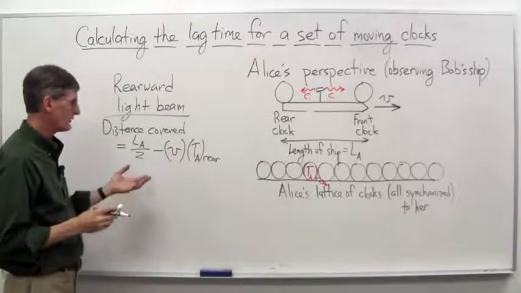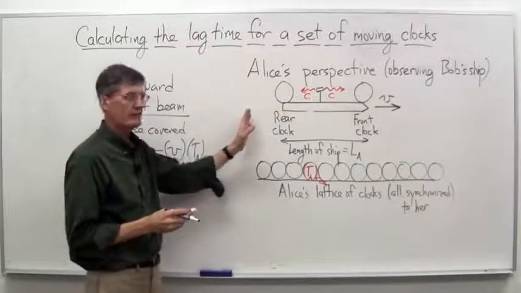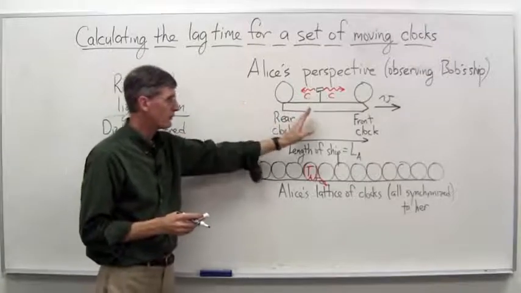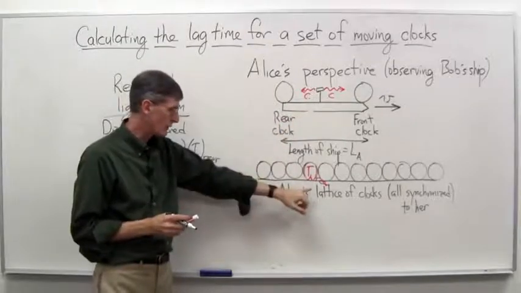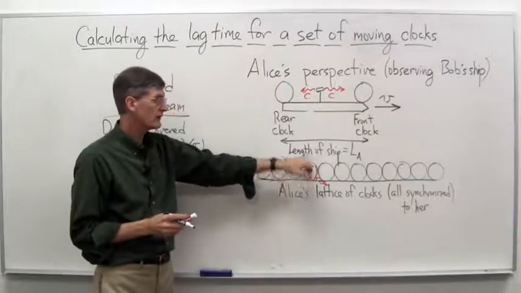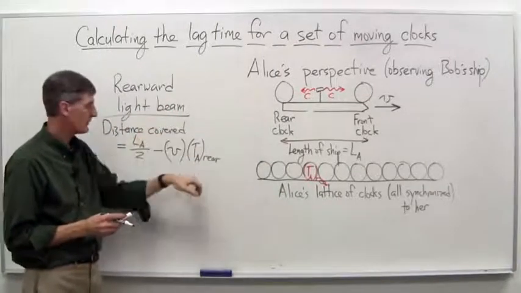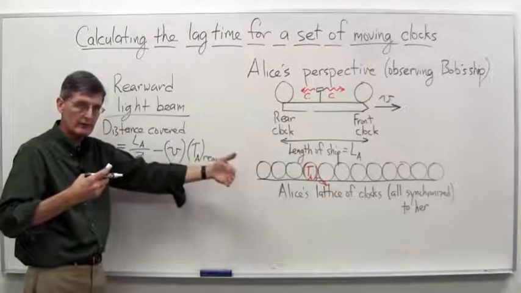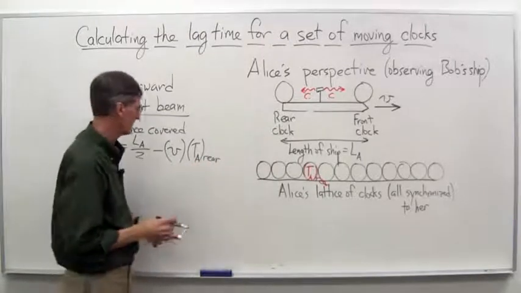Just sort of ponder that a little bit. It's clearly half the length of the ship, but the rear part is moving forward. Well, how far does it move forward in the given time until this is triggered and it hits the clock there? Well, it's simply the velocity of the ship times that amount of time until it hits the backward or the rear clock there.